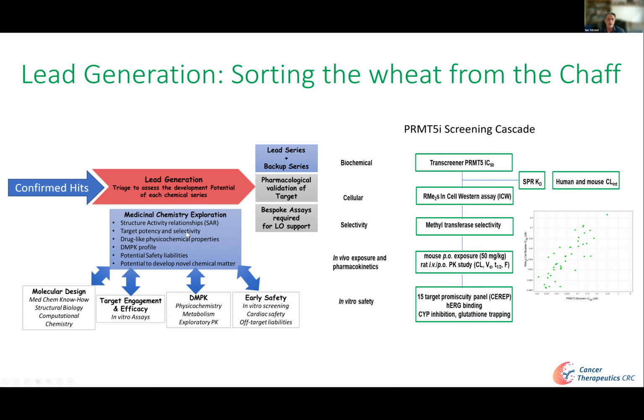And essentially you work through a number of iterations of the chemistry to get a good view of how these things will change across the scaffold.